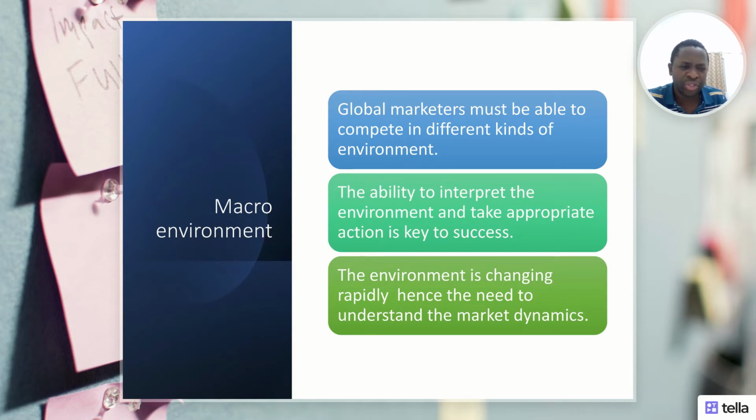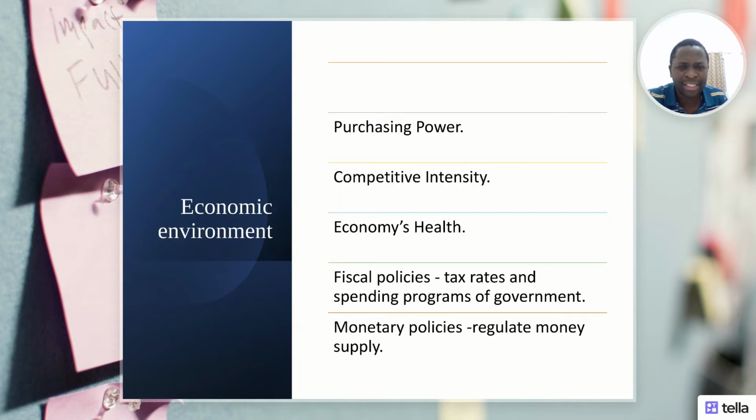Global marketers must be in a position to compete in different kinds of environments, and they are supposed to learn and interpret the environment in which they operate. They are supposed to be proactive in nature, taking into consideration that the global environment in which organizations operate is quite dynamic, quite complex and difficult to understand.